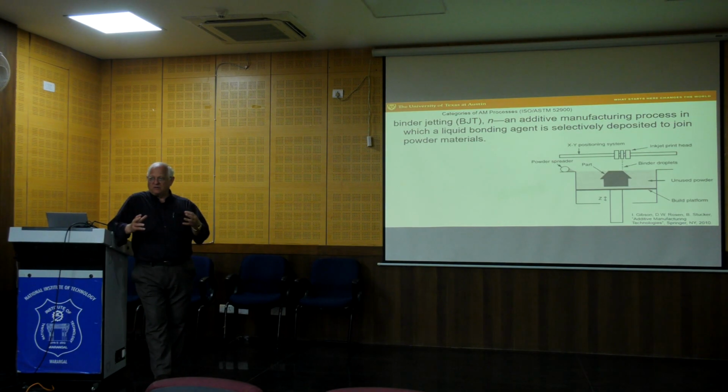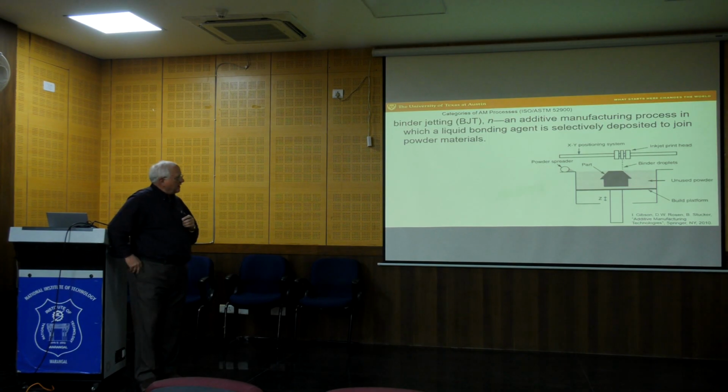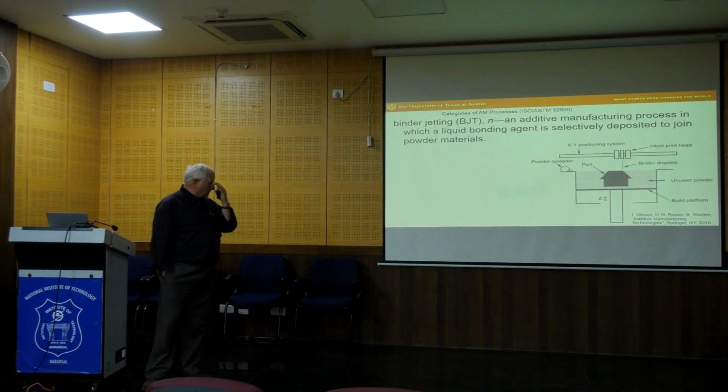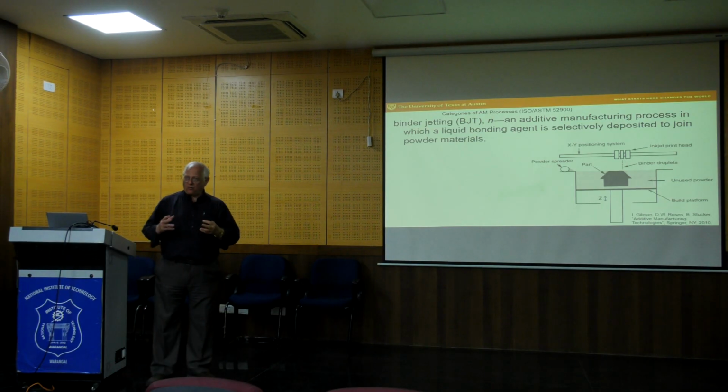The binder glues the powder together where it lands, and then of course the powder remains loose everywhere else. And so we can build parts this way. The parts are typically very frail.